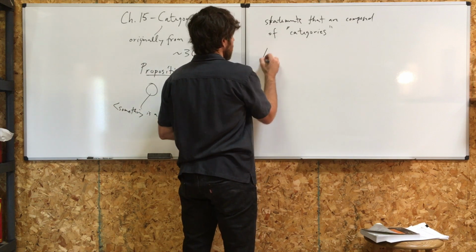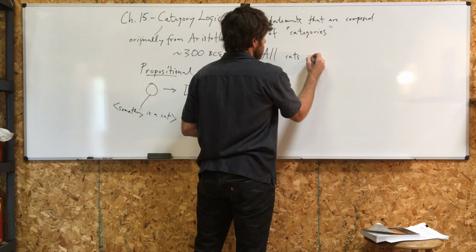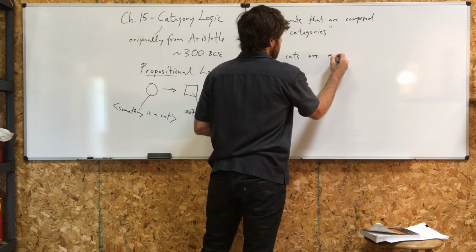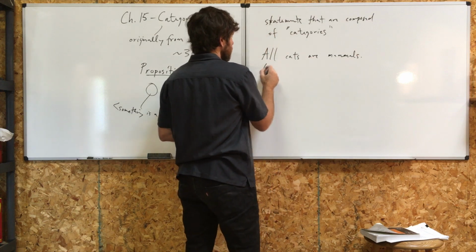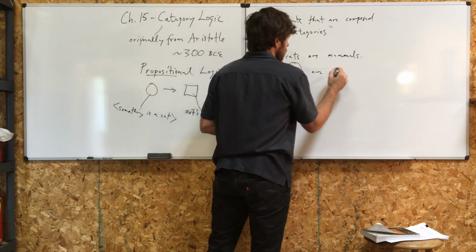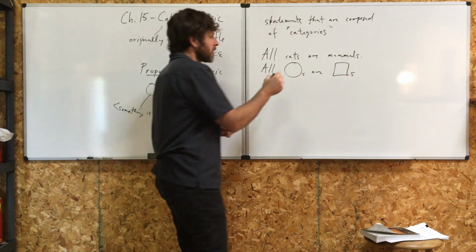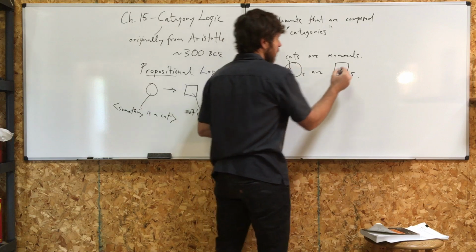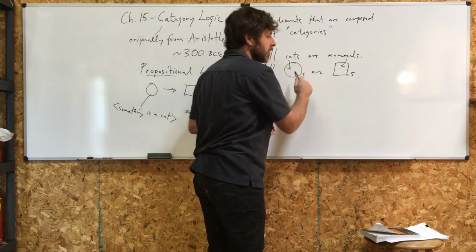But let me just give you a little example. If we say something like, all cats are mammals, this is of the form, all circles are squares. Now notice what goes into circle right here and what goes into square here are not propositions at all.